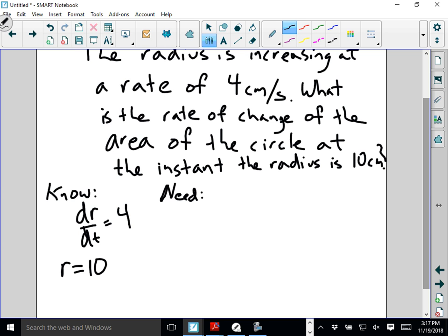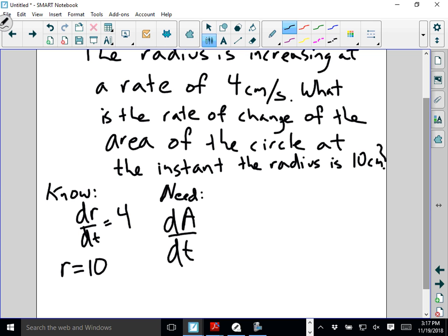That is not the level of question we're dealing with here. What I want to know is how quickly that area is changing. What is the rate of change of that area at that exact instant? So what I need here is a rate. What I need is dA/dt.